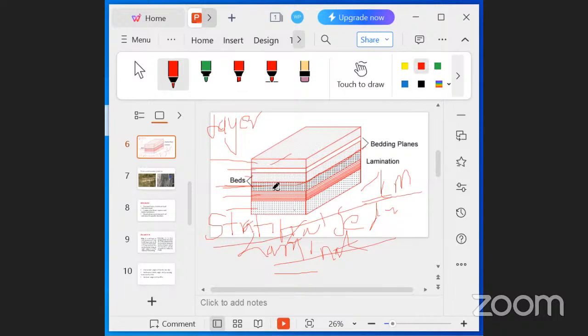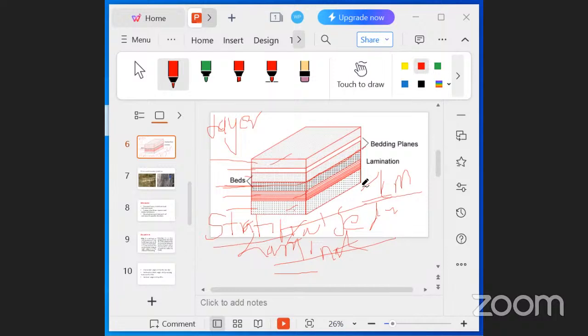And what is stratification? The process of deposition of sediments layer by layer is known as stratification. So you see here, these are the beds, bedding planes, and lamination.